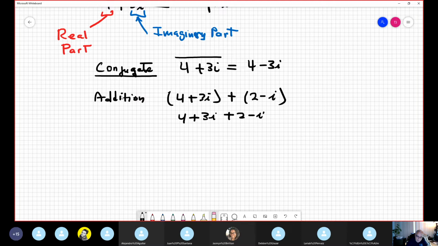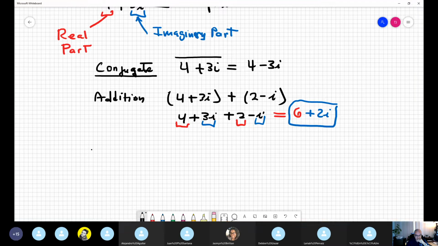And we combine later. Real and real together is 6. Imaginary and imaginary together: 3 minus 1 is 2, so plus 2i. Final answer. Addition is super easy. You just remove the parentheses and combine later.